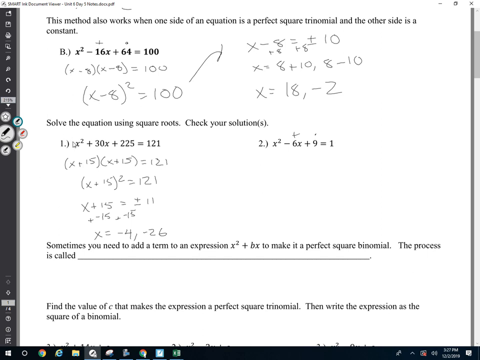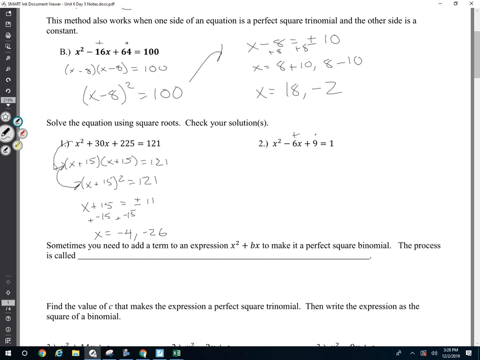The two numbers that add to get 30 and multiply to get 225 are 15 and 15. So I can write x squared plus 30x plus 225 as x plus 15 times x plus 15.